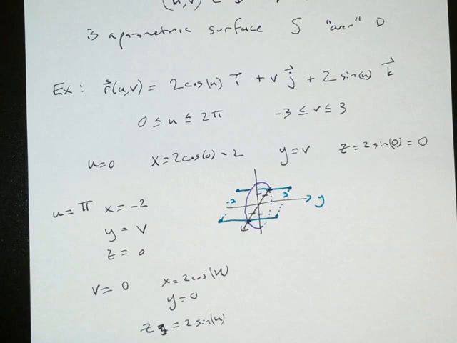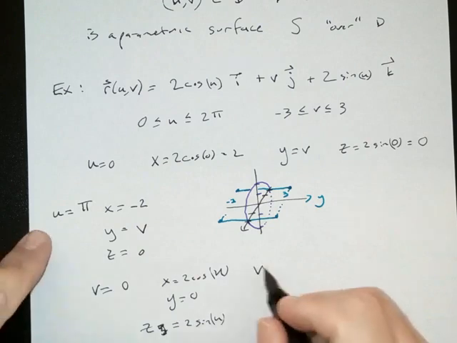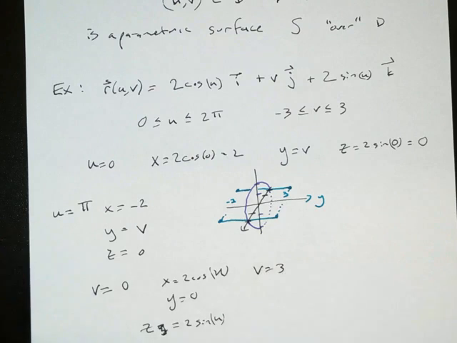What if I pick v to be 3? What's the only thing that changes?